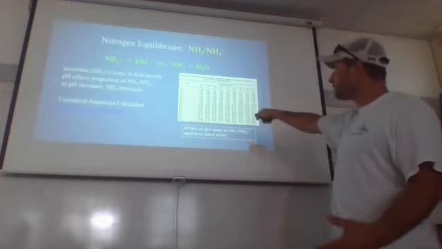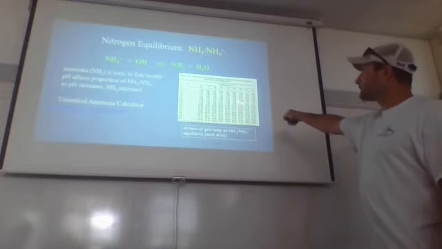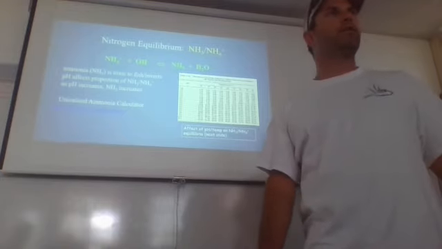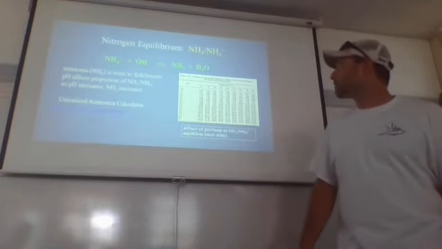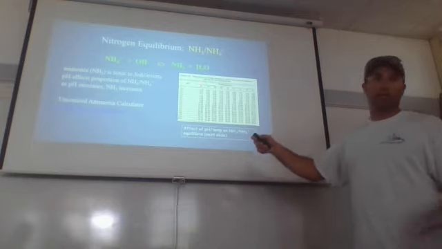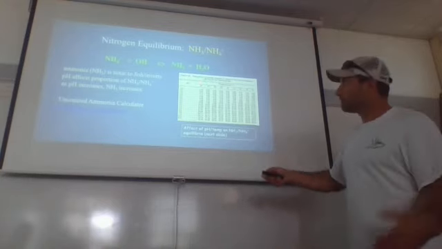So this is kind of hard to read, but it's the table that you would use if you wanted to calculate what your unionized ammonia percentage was. And so it also changes with temperature.